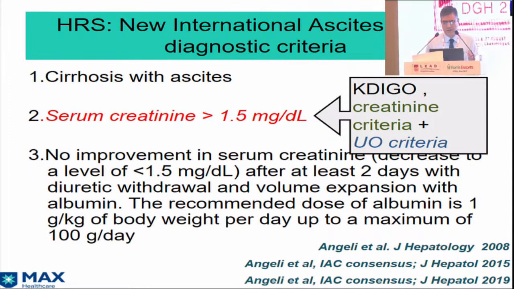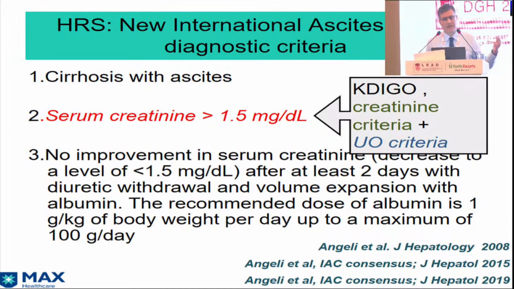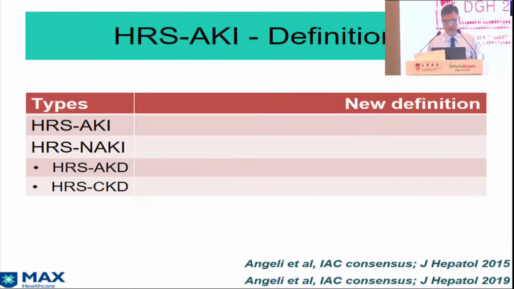This criterion can only be used in those patients, not patients who come from home and tell you that urine output has gone down. It's impossible to measure in 6 hours how much urine they have passed. So how do these new classifications align in the form of HRS AKI and HRS non-AKI? What is the alignment of these new criteria to make these kinds of definitions?